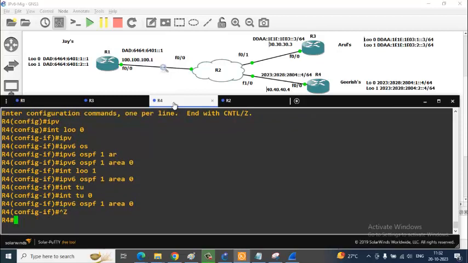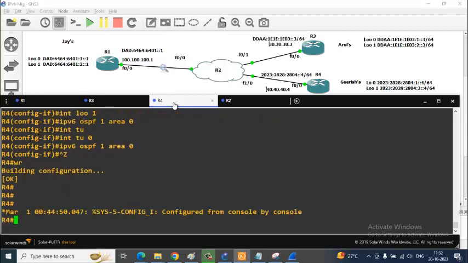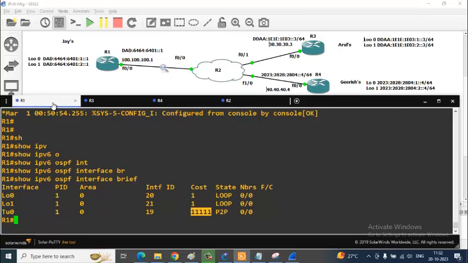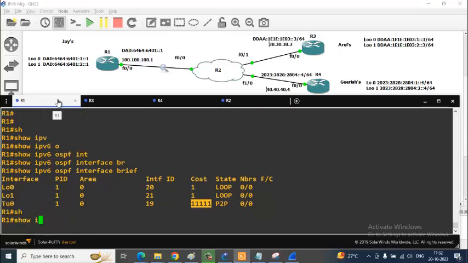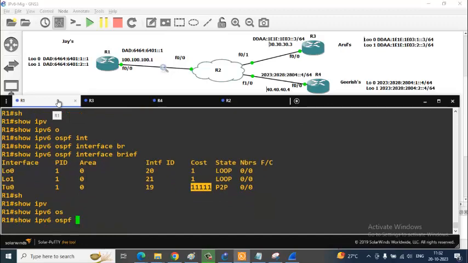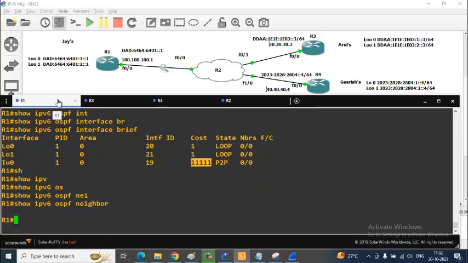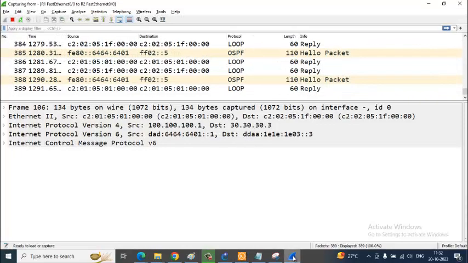Okay, so we are expecting neighborship from R1 to R3 and R4 via tunnel 0. We are expecting a neighborship. Show IPv6 OSPF neighbor. There is no neighbor. See whether there is any.